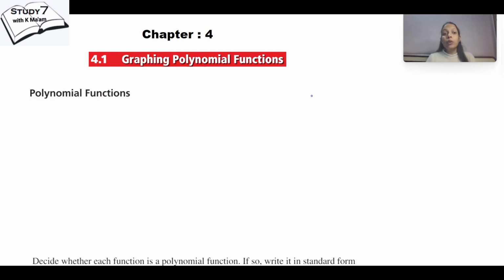Okay, and a polynomial function is when your function is written in the form of a polynomial, like a_n x^n plus a_(n-1) x^(n-1), plus a_(n-2) x^(n-2), and so on, down to a_1 x plus the last term a_0, a constant term.